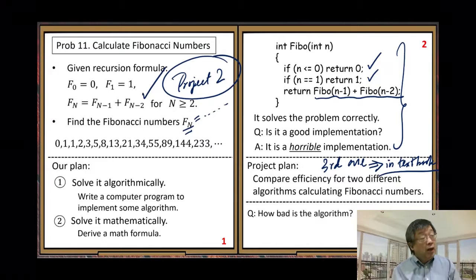Next, how bad is the algorithm? Because we want to understand how bad it is, I need to explain why it is bad. I do not want to delay that answer to the project time. When you work on the project, you get real world experience on that.